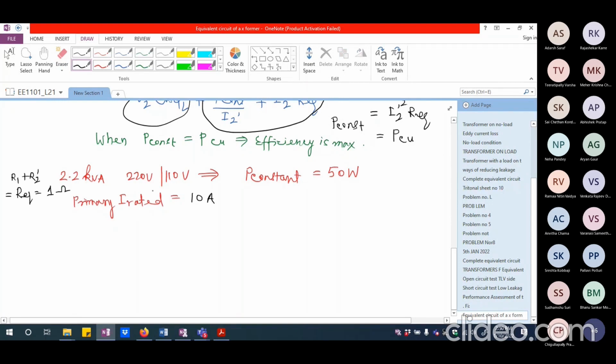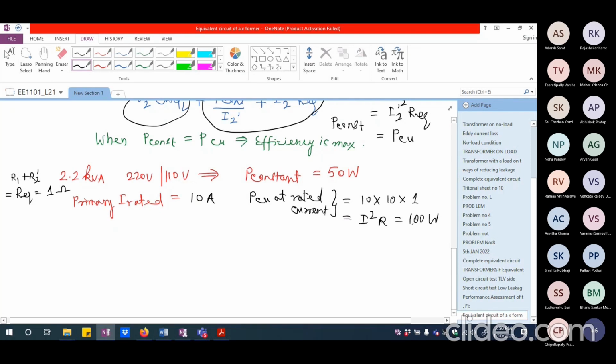Again arbitrarily, the copper losses at rated current will be 10 multiplied by 10 multiplied by 1, that is I square R. This is going to be 100 watts.